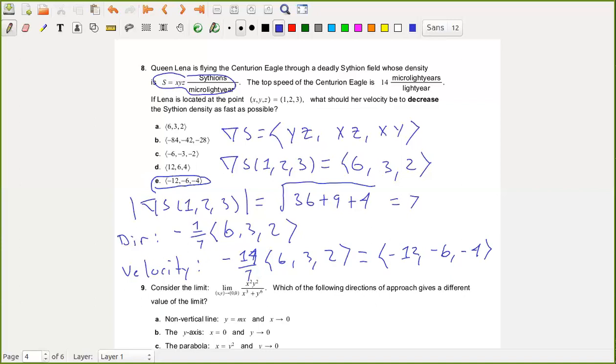So she's going to go in this direction at a speed of 14 micro light years per year. So her velocity vector is going to be this vector. In other words, if this is her velocity vector at the instant she's at the point (1, 2, 3), that's going to give her the fastest decrease possible of this Scythian density.